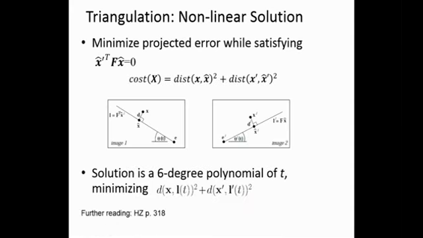And then I can constrain that my projection will lie on the epipolar line that comes from the fundamental or essential matrix.